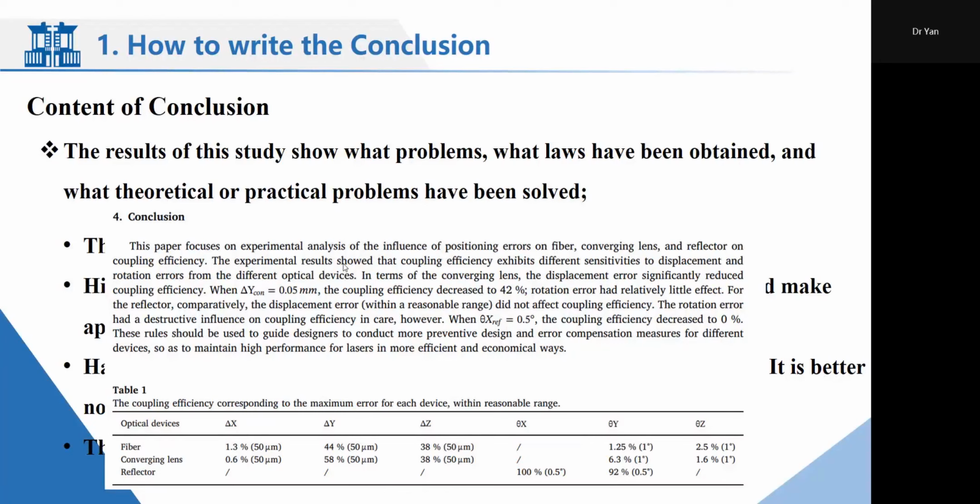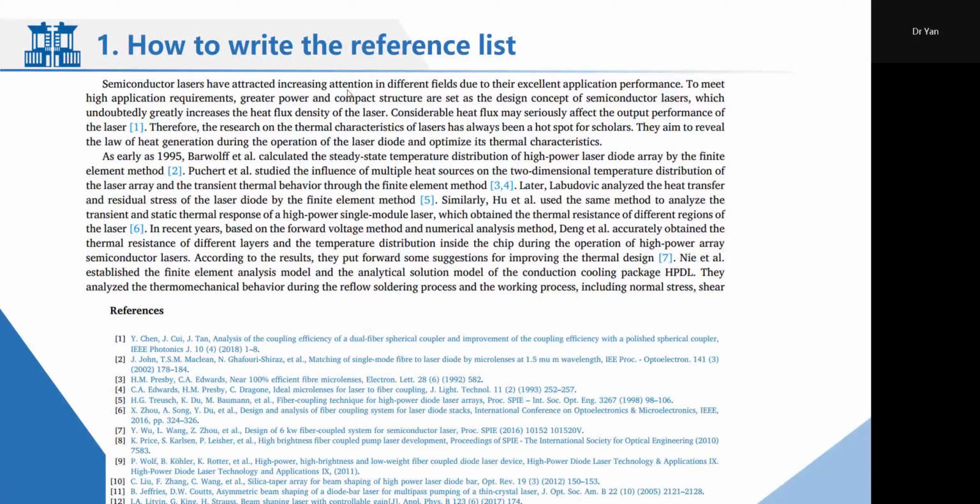All right, and now I just want to go to another important part, the reference list. That is the end of the scientific paper. As we just mentioned before, the reference list is to show the quotations and citations about your work and other people's work.